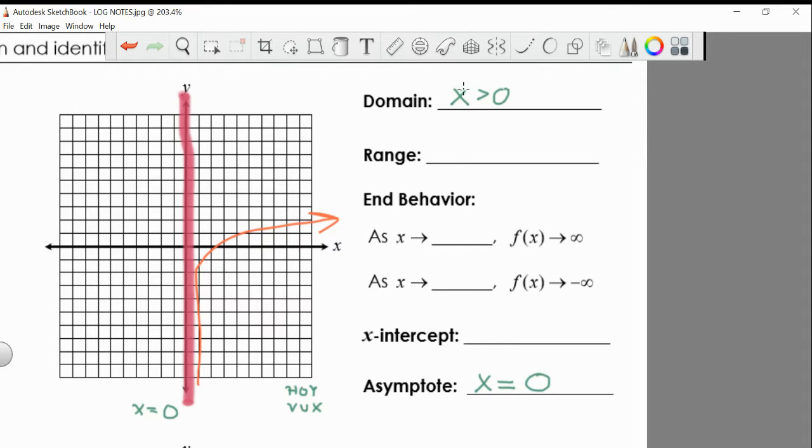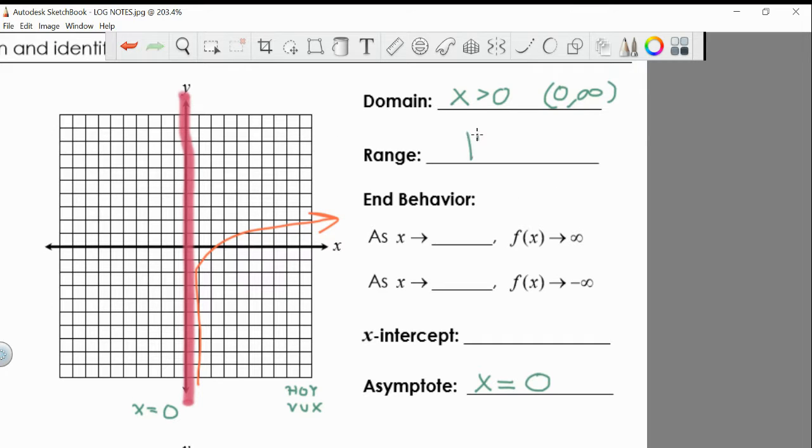And one thing that's really important is that I'm using x's here because I'm talking about domain. I'm not talking about range. So I can't use my y greater than. I need my x greater than. We could also write this as from 0 to infinity. But it's all very similar. Okay, and that's because my graph is on the positive side. My graph is not on the negative side.